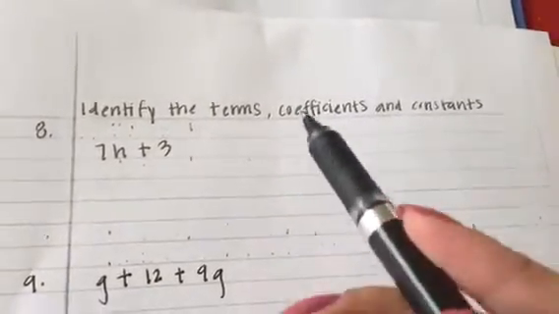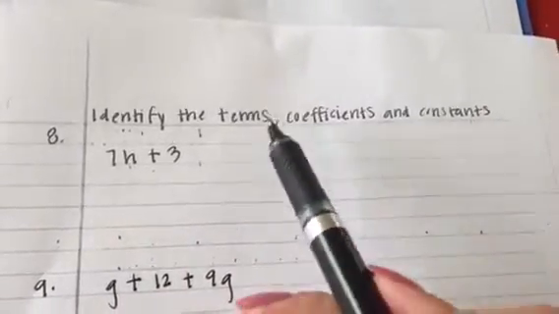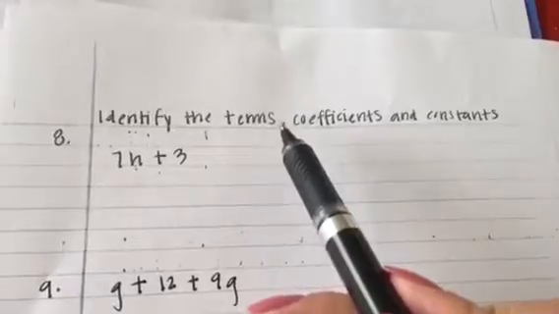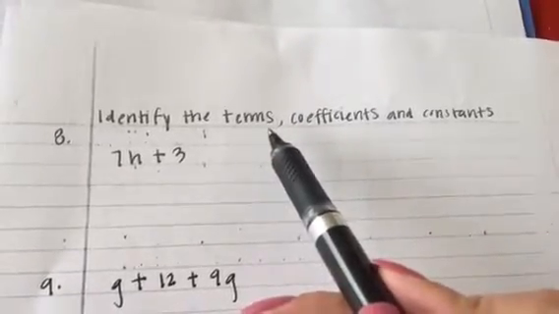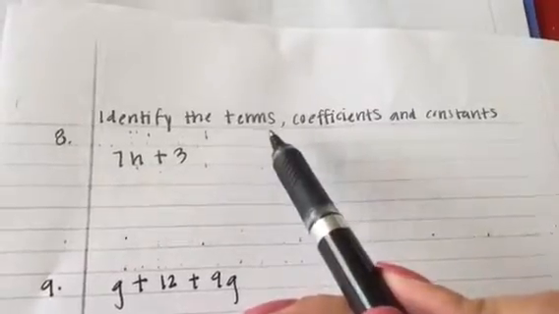For number 8, it says, identify the terms, coefficients, and constants. So let's review a little bit what terms, coefficients, and constants are. Terms are usually numbers or variables that are separated by addition and subtraction signs.